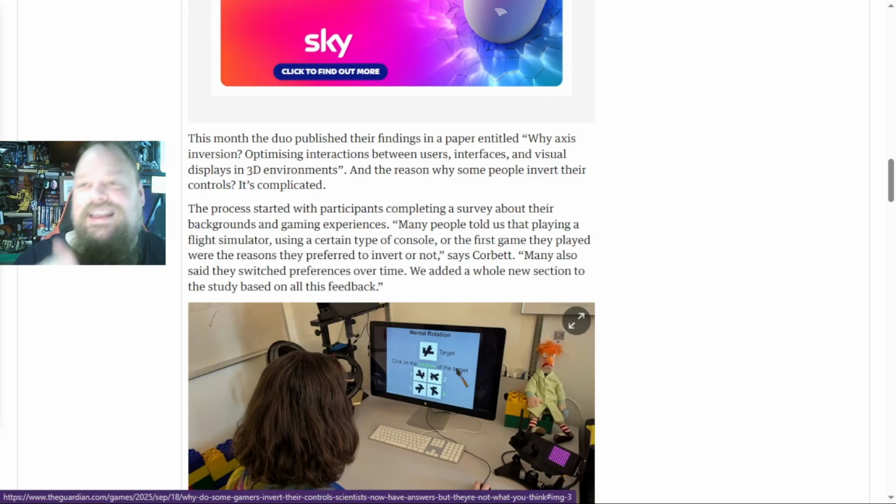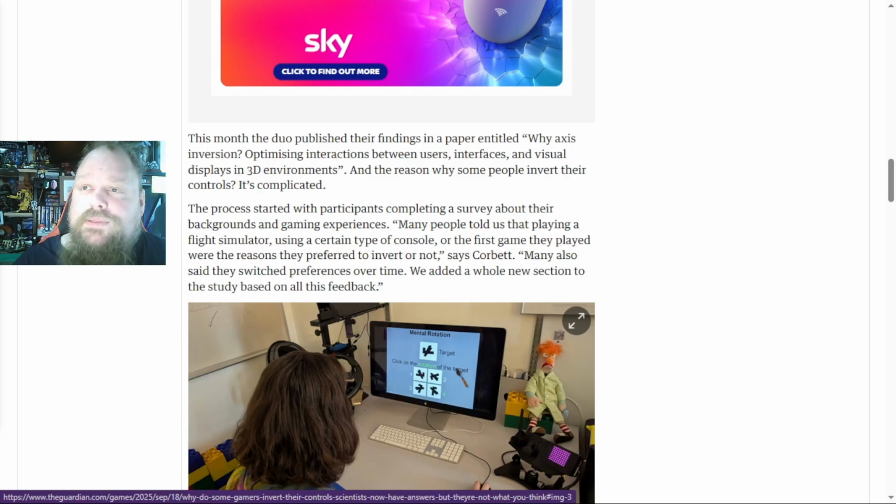Nice pun there. Y-axis inversion: Optimizing interactions between users, interfaces, and visual displays in 3D environments. And the reason why some people invert their controls? It's complicated, according to the article. The process started with participants completing a survey about their backgrounds and gaming experiences.